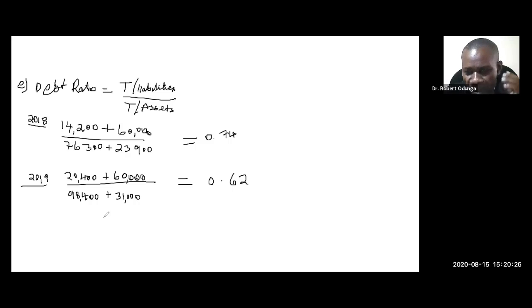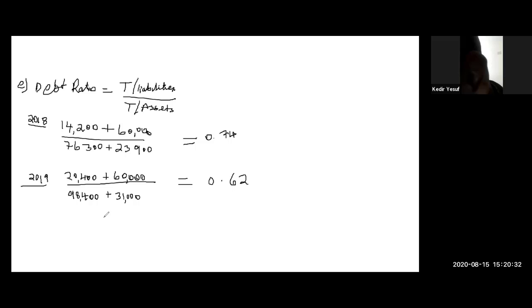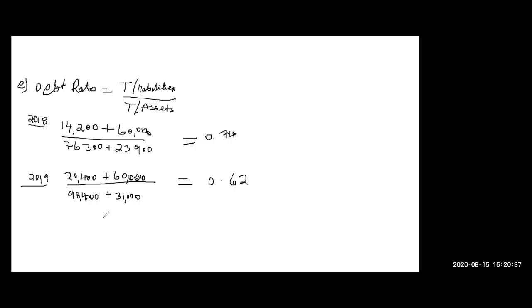So are we doing better or are we doing worse? We are doing better. Why? Because now the financing source is more by the assets contribution, more than the liability.